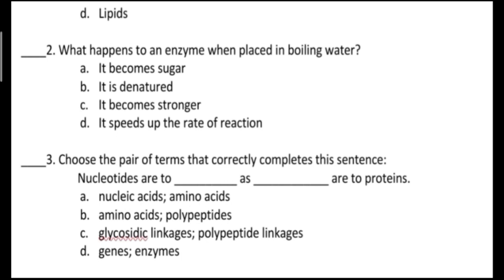They become denatured when there is high temperature, or when the pH level is acidic or basic. So one factor that makes it denatured is the temperature. If you put the enzyme in boiling water, it becomes denatured.